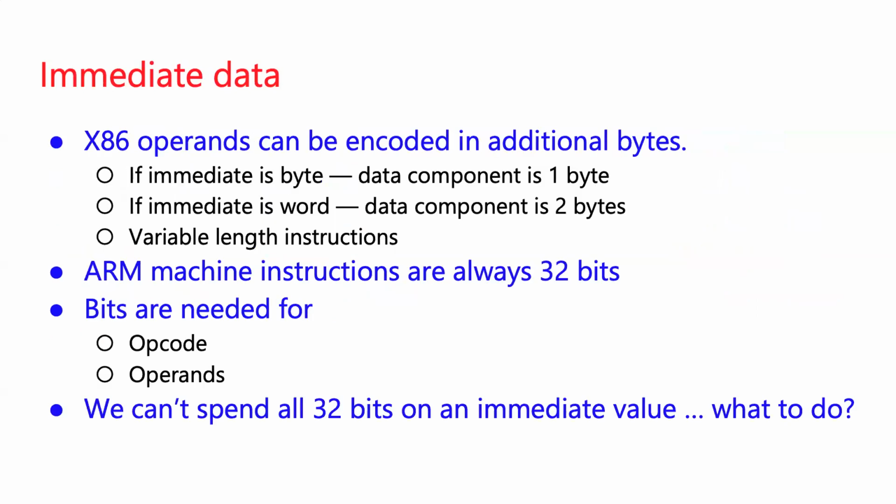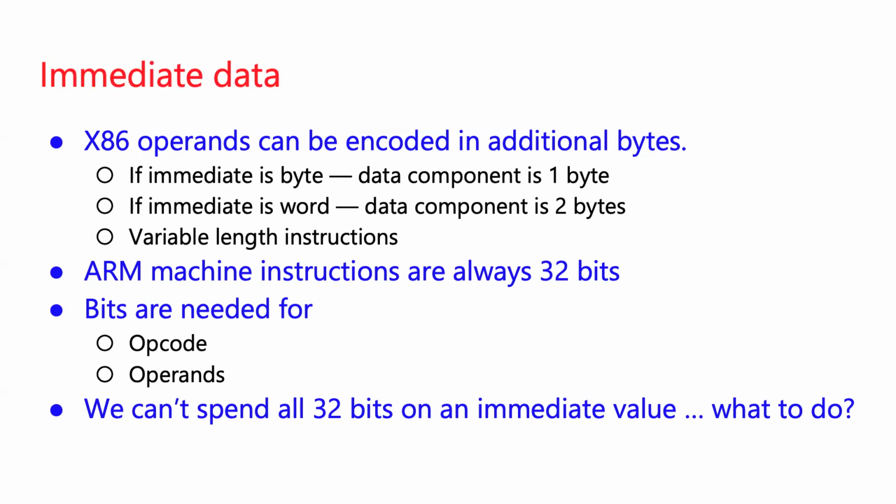Remember, for immediate values, Intel, at least 8086, used extra bytes in the instruction. If you needed a byte-sized immediate value, then there was an extra byte in the instruction's encoding. And if you needed a word-sized immediate value, there were 2 extra bytes in the instruction.